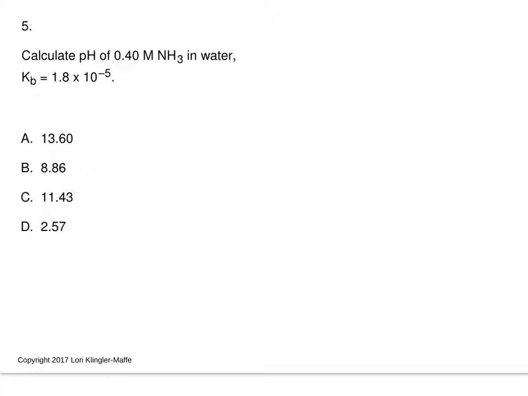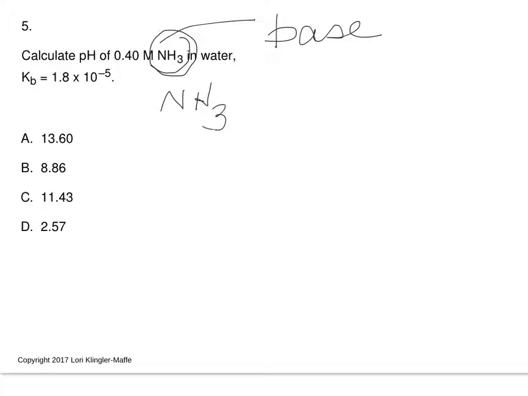Last question. This is a weak base. If you didn't pick it up before, anytime you see a nitrogen-containing compound that doesn't have a plus charge, it is a weak base. Okay, so you want to draw out your equilibrium, and this is the one exception where you do need to show water.